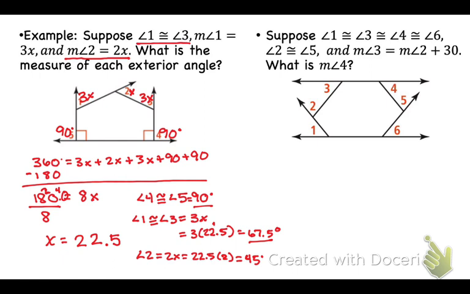Okay? Let's look at the next one. So 1, 3, 4, and 6 are all congruent. And then 2 and 5 are congruent.